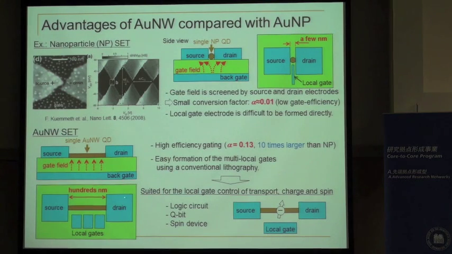And it's easy to form a multi-local gate using conventional lithography because the gap of electrode is 100 nanometer. So this device is suited for the local gate control of transport or charge or spin.